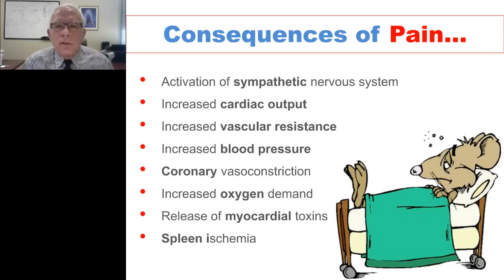So what are the consequences of pain? Well, pain will activate the sympathetic nervous system, will have an effect on cardiac output, which, as we all know, is essential for good living and homeostasis. Vascular resistance would affect really the heart in general, oxygen demand, and will release myocardial toxins and even cause spleen ischemia.